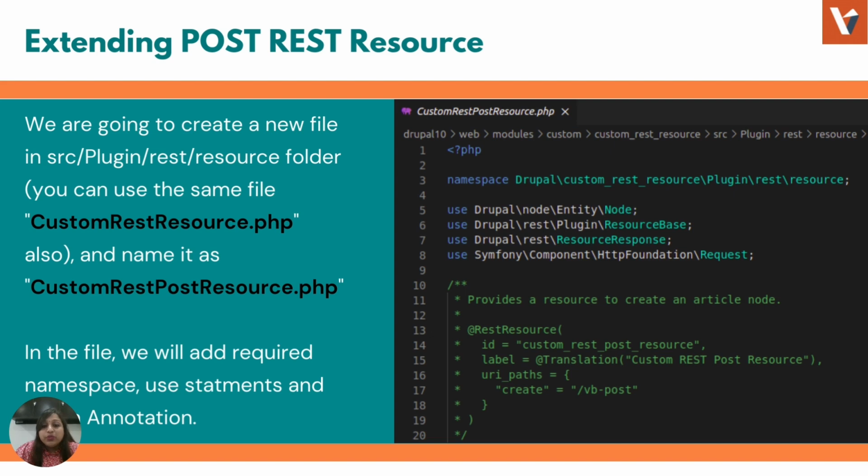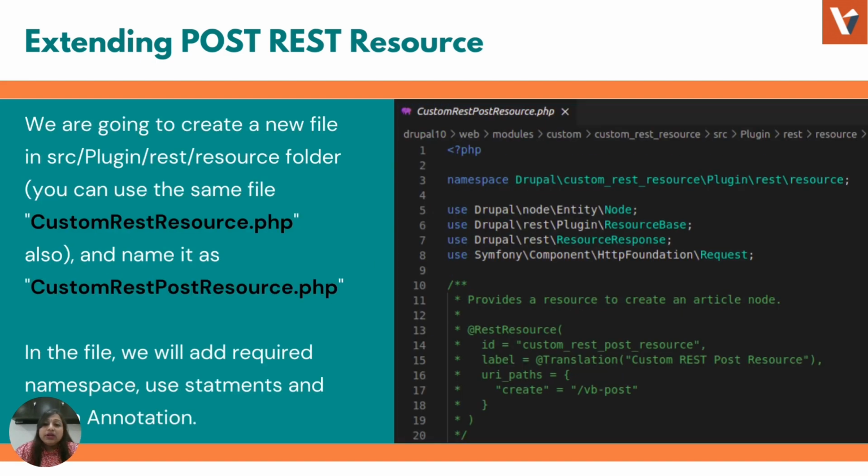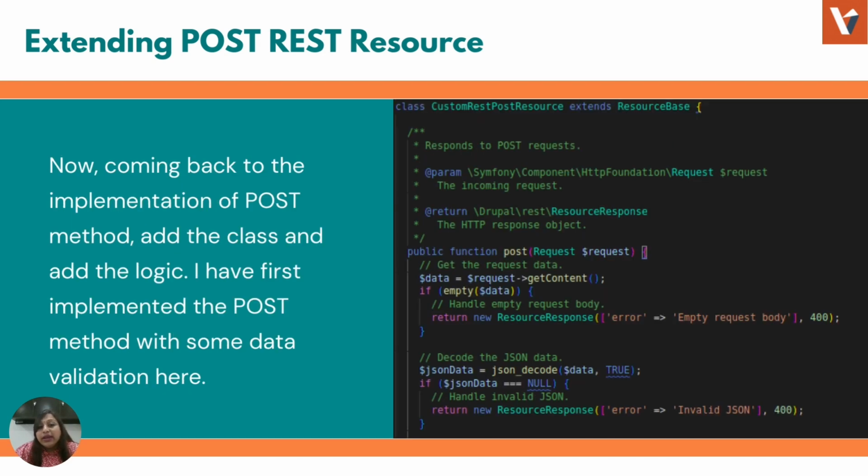So for POST we are using create, and the URL is also different here. Now, moving further, we have the class implementation. Since my module file name was CustomRestPostResource, I have added the class CustomRestPostResource, which is extending ResourceBase, and I have added the code for the POST method here.